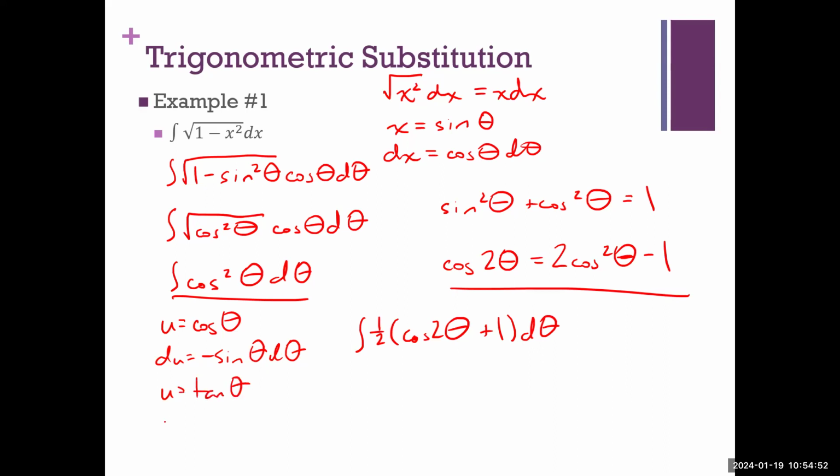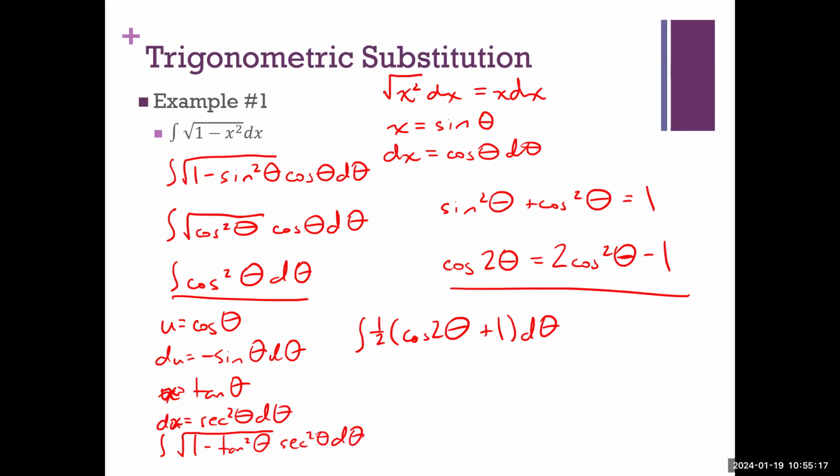If u equals tangent theta, then what's du? Sorry, x. Secant squared theta d theta. Then if I rewrite the integral, I'm going to have the integral of 1 minus tangent squared theta secant squared theta d theta.